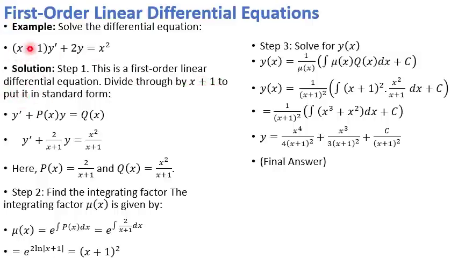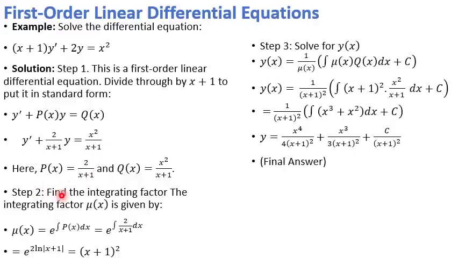So when we divide this through by x plus 1, we have this expression here. And with that, we can now compare this expression with the standard form, so we can identify p of x and q of x. So p of x equals 2 all over x plus 1, and q of x equals x raised to power 2 all over x plus 1. Now with this, we can move on to the next step.